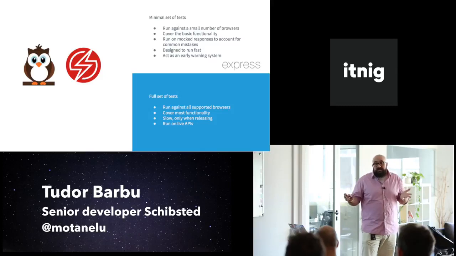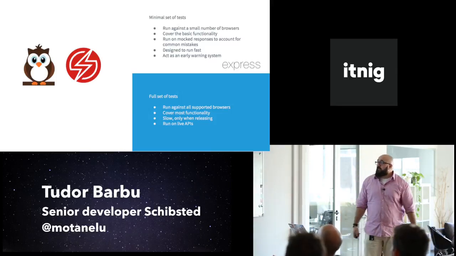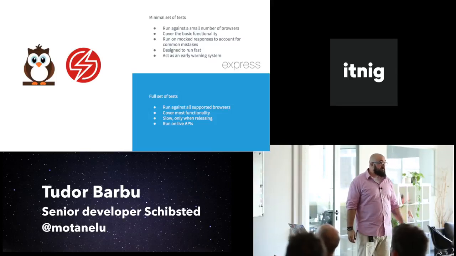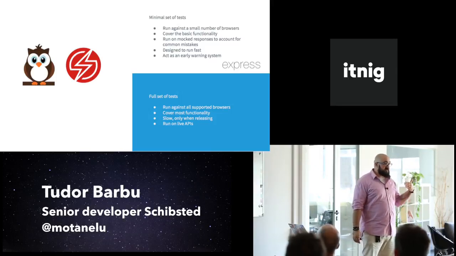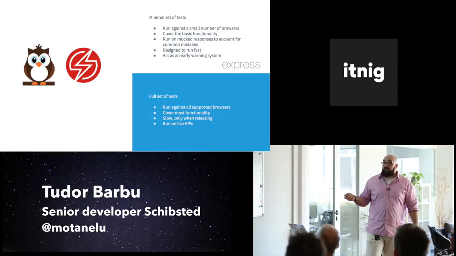Like, if I broke something that, you know, like you can't send a message, that's something that people will notice, you know, or you can't access your inbox. And it also runs on mocked responses, which means I will always get some predefined responses from the API. And this also accounts for common mistakes.